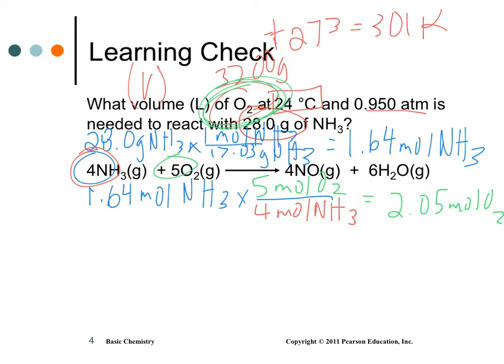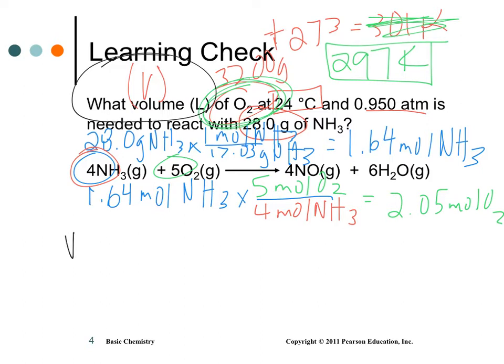Wonderful news. Besides the fact that my math was terrible up here, now I'm looking at this again. This should be 297 Kelvin. Math team let me down on that one. The wonderful news is that we can now solve the problem. Again, we're solving for volume. Volume equals nRT over P. I have my moles, 2.05 mole.